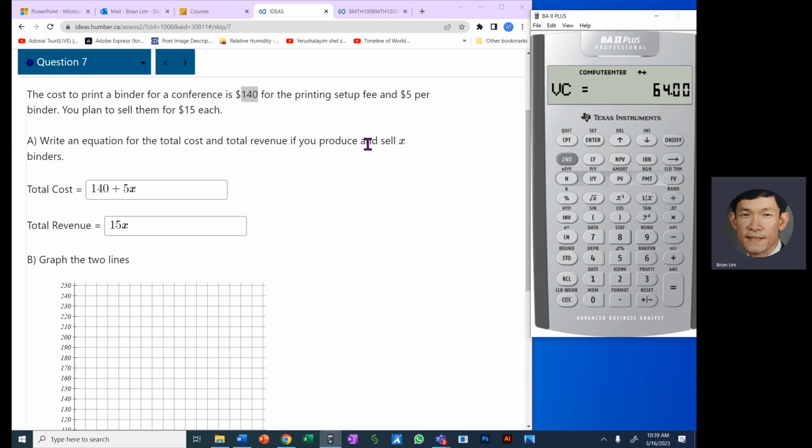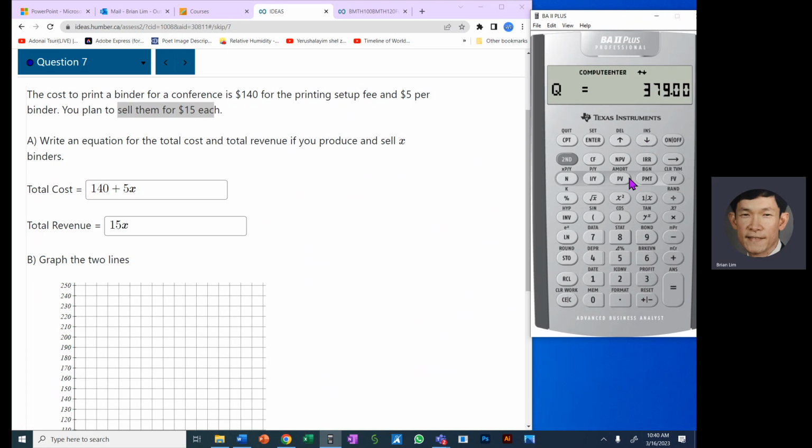The variable cost is the $5. Correct? Yes. So $5, enter. And the selling price, P, remember, is indeed the selling price. So sell them for $15 each. So that would be 15. And we click on enter.